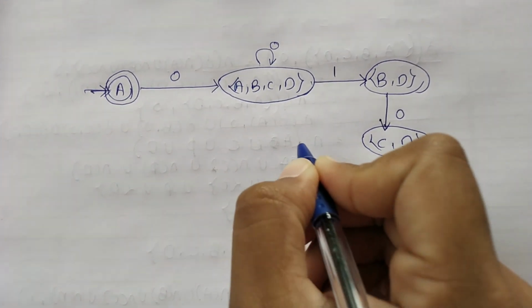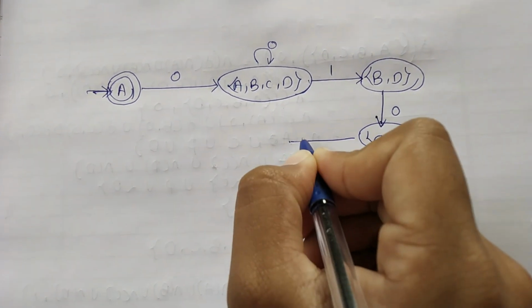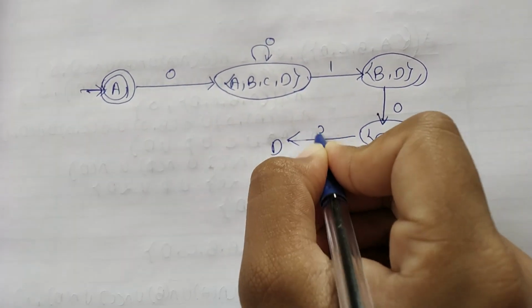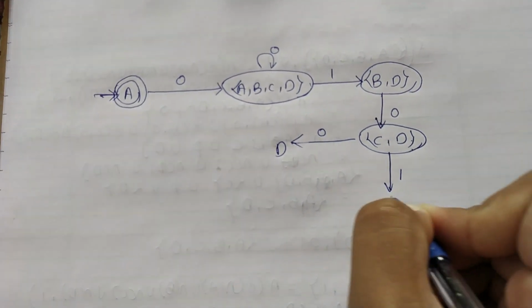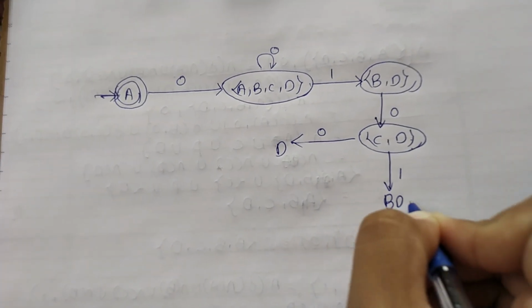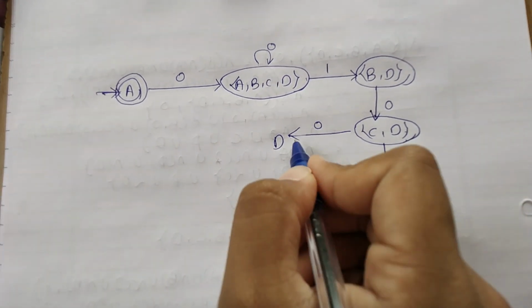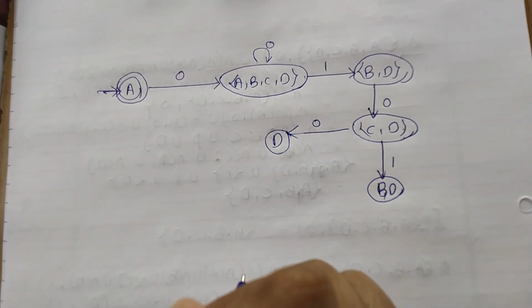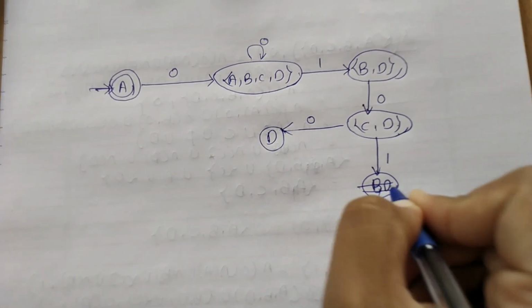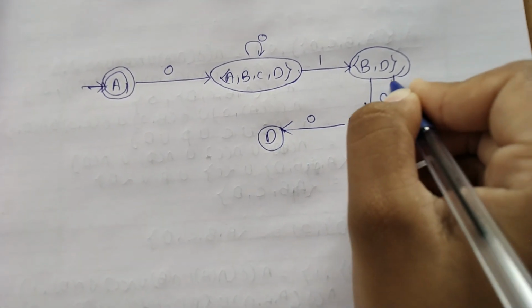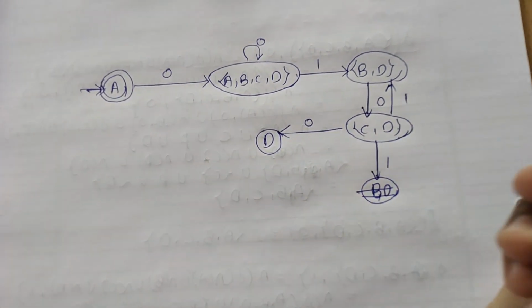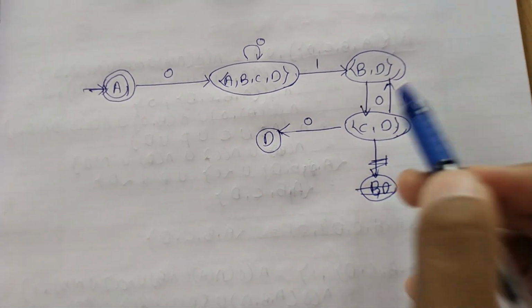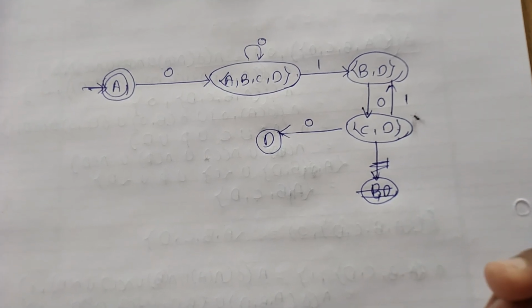So CD reads 0 in D and 1 in BD. Now, for BD, we already drew it here, so we only show the transition of 1.